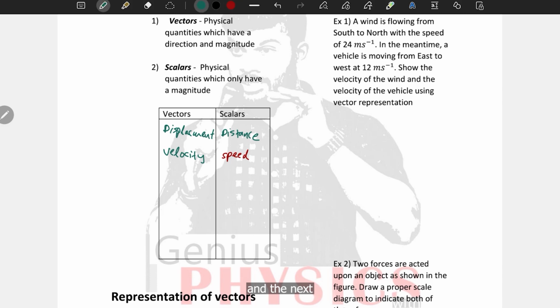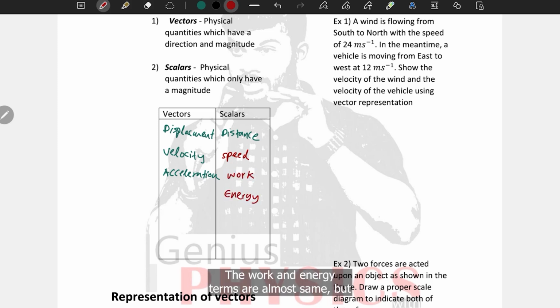And the next important vector quantity is acceleration, and there's no corresponding scalar term on the scalar side, so I write something else like work and energy. The work and energy terms are almost the same, but they sound a bit different, so I'm going to explain later the major difference between these two terms, energy and work.